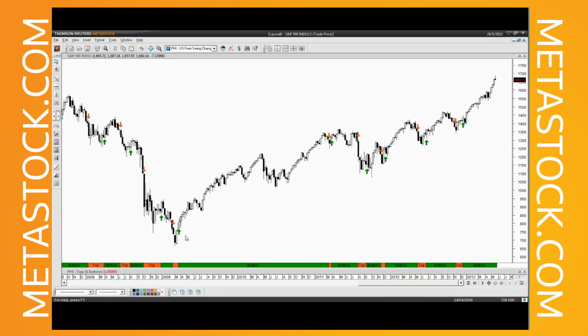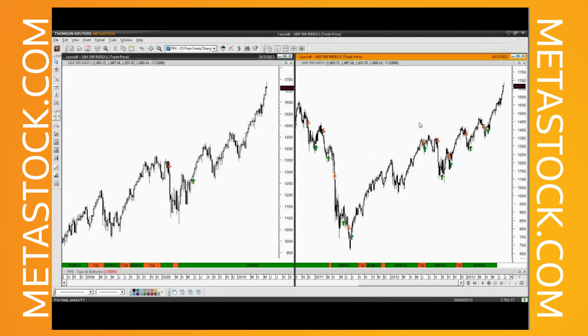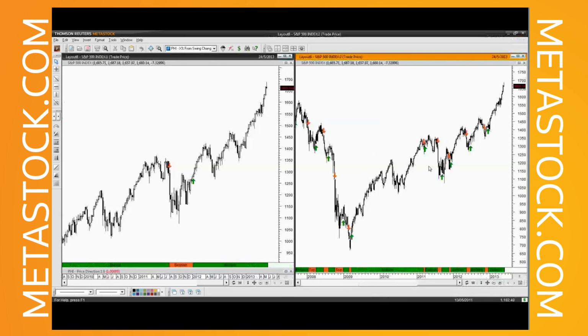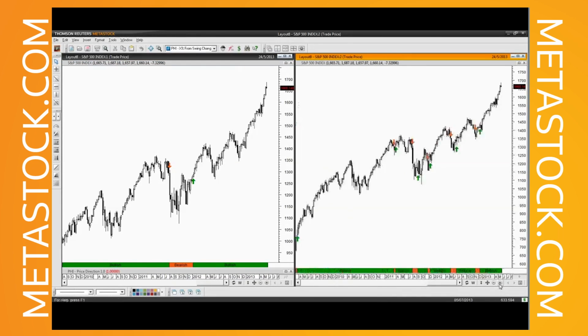Now that I have a tool that is finding the tops and bottoms for me, what can I do? I can create another tool related to this one that is using the tops and the bottoms to find the swings, right? So on this side here, we have the tool that is finding for us the swings in the market.